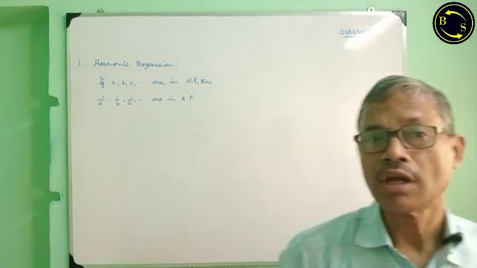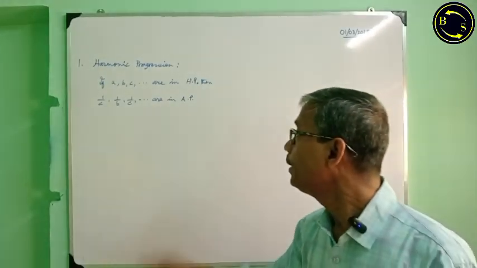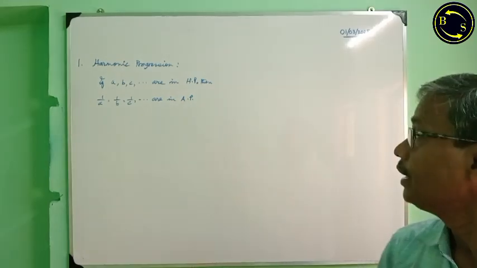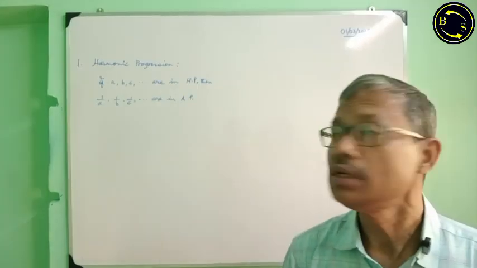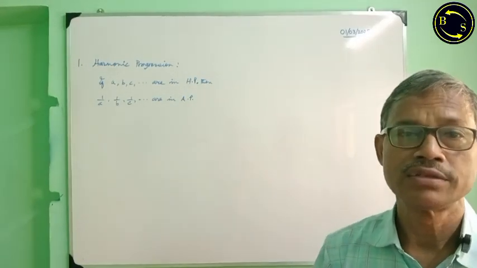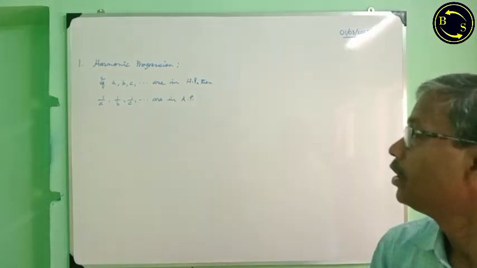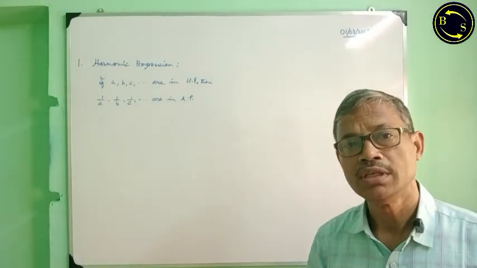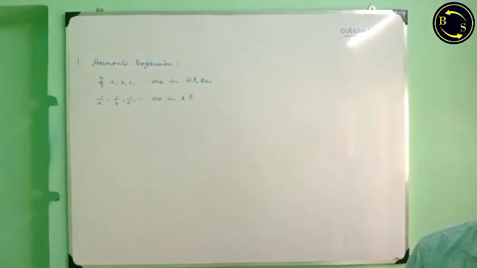We define harmonic progression in this way. If A, B, C dot dot dot are in harmonic progression, then their reciprocals, that is 1 by A, 1 by B, 1 by C dot dot dot, will be in AP.